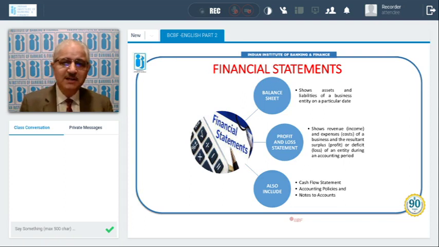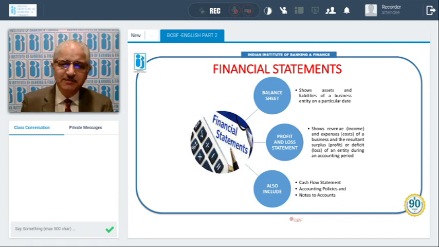It's always prepared on a particular date, such as balance sheet as at 31st March. So on one side you show your assets and properties, and on the other side you show your liabilities and capital, share capital.